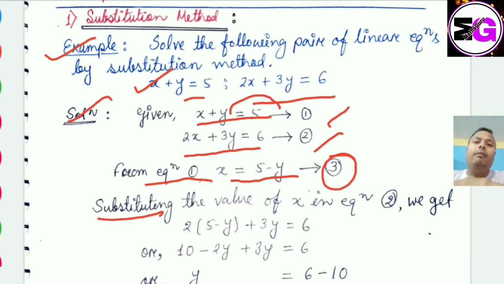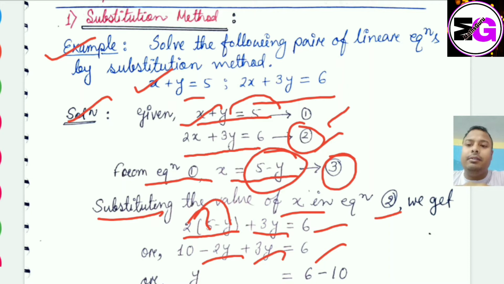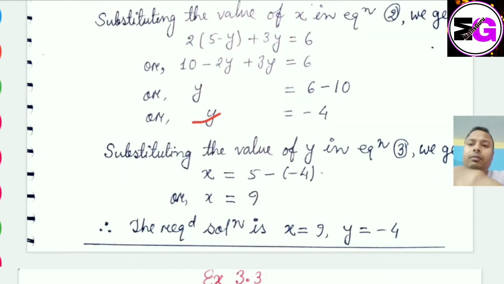Substituting the value of x in equation 2, we put 5 minus y in place of x. So 2 into 5 minus y plus thrice y equals 6. That is 10 minus 2y plus thrice y equals 6. After simplification, y equals 6 minus 10, that is y equals minus 4.